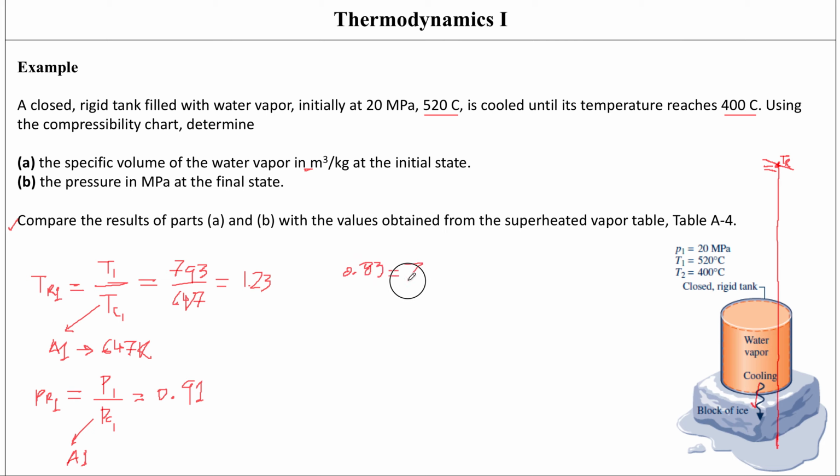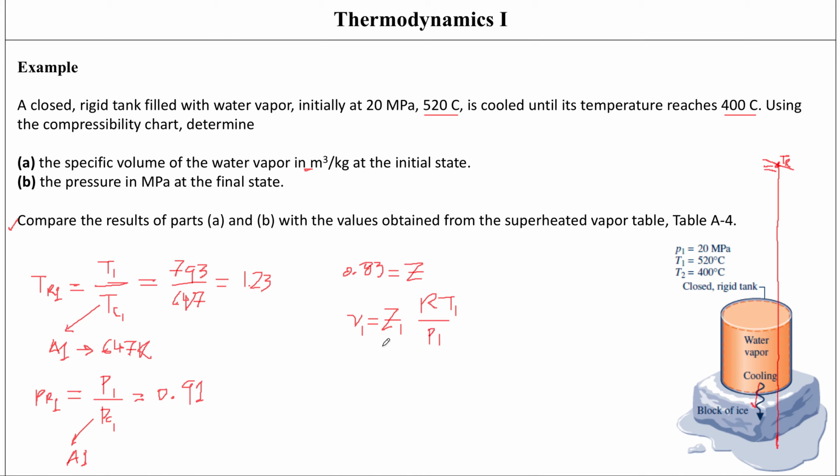And now what I can do is use the equation for the compressibility factor, which was Z equals PV over RT. The only variable that is unknown now from that equation is the specific volume, so I can just write it in terms of specific volume, which is going to be equal to Z1 into RT1 divided by P1.